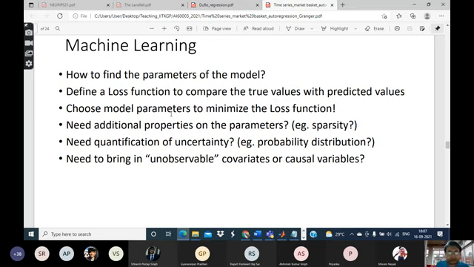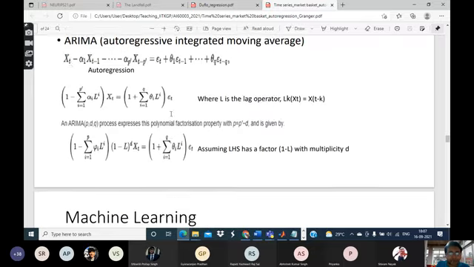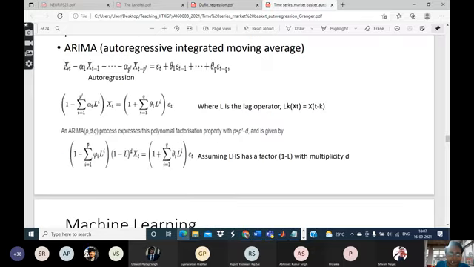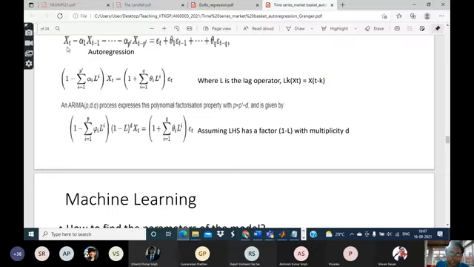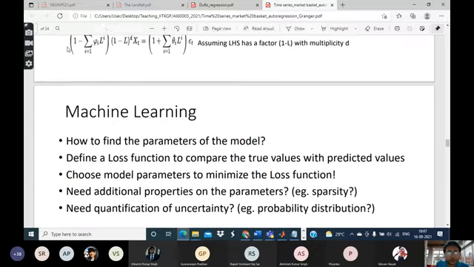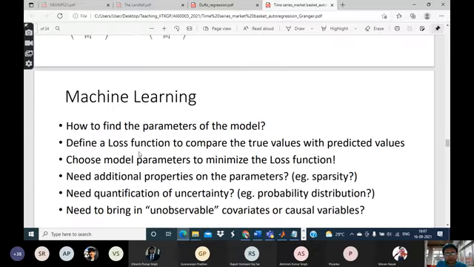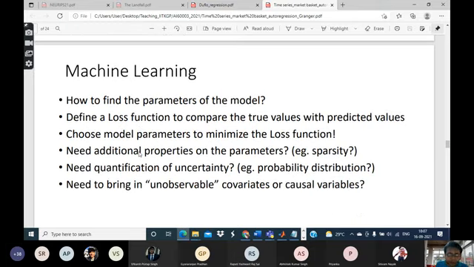Whatever forecast I am making, I will compare it with the actual observation once that becomes available, and then I will measure their difference using a loss function. What loss function I will choose is in my hands, but then I will choose the model parameters in such a way that the loss function is minimized. That is, I get as low a loss as possible.